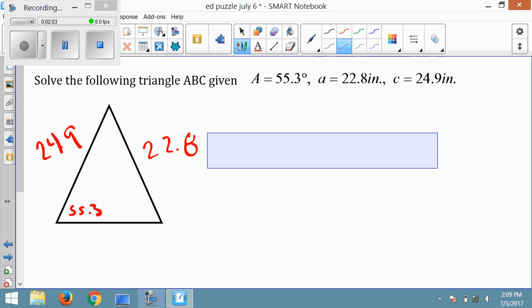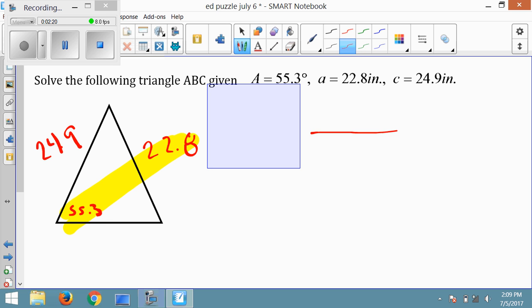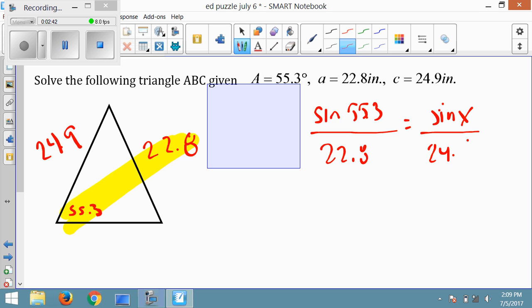So the one relationship that we do have is A to A. When I go to set up to start solving here, I have the sine of 55.3 over 22.8 equals the sine of x over 24.9.